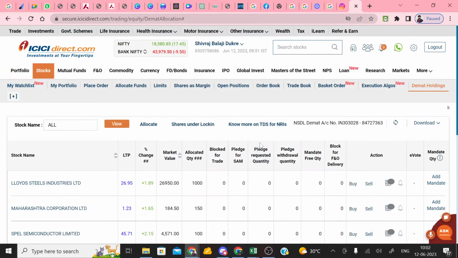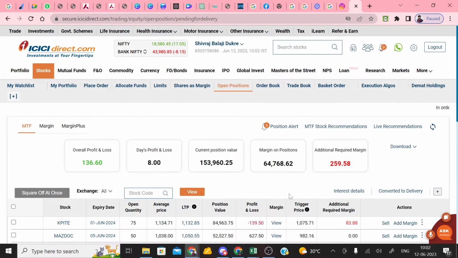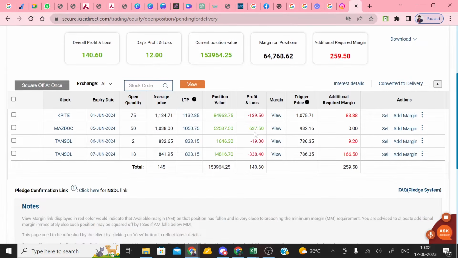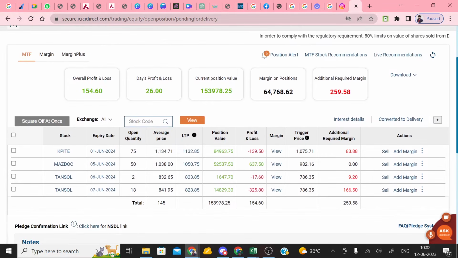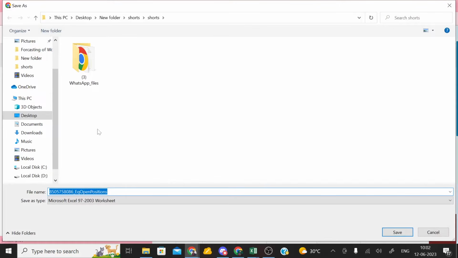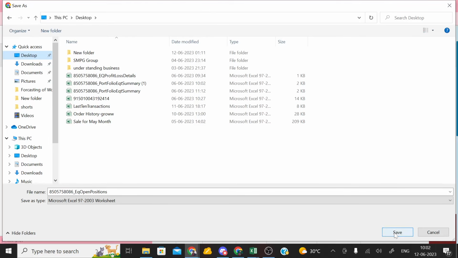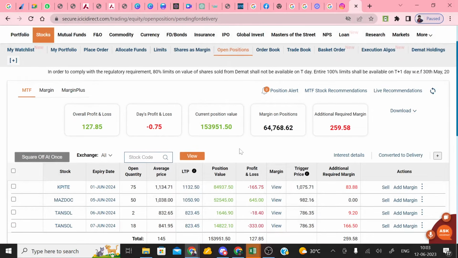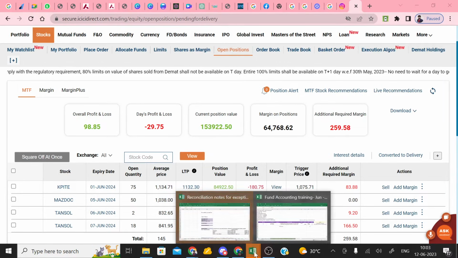Then how will this data flow down in your internal accounting system? We'll see that. I'll open this. First of all, I'll explain what exactly happens in the reconciliation process flow.